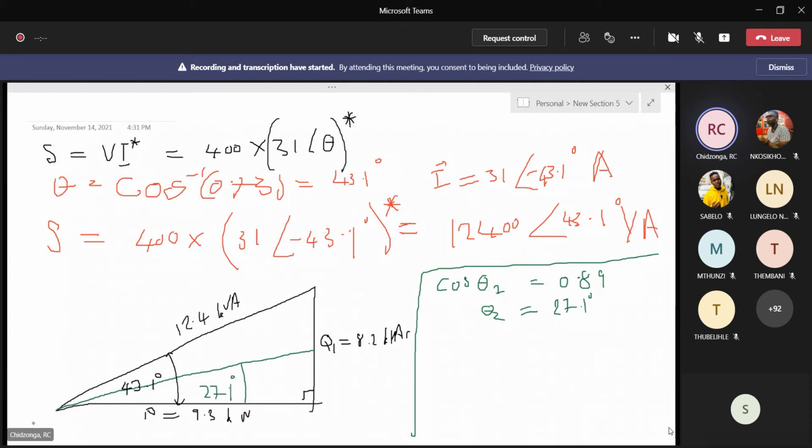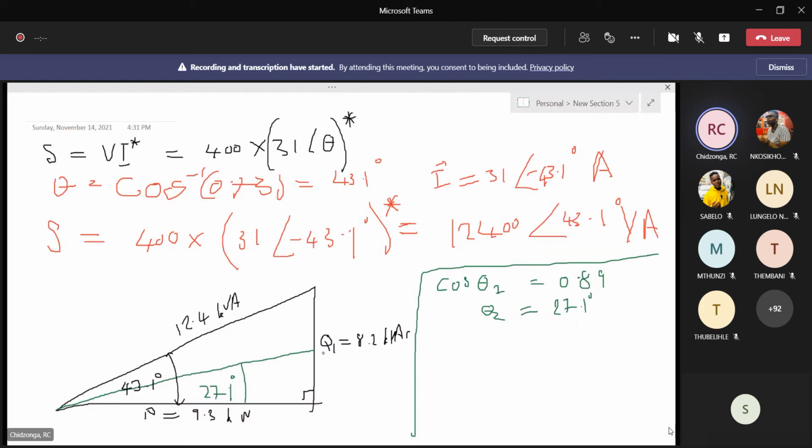What is not changing is the real power, because we need to keep the same real power to the load. So in this new angle, the real power is staying the same at 9.3.